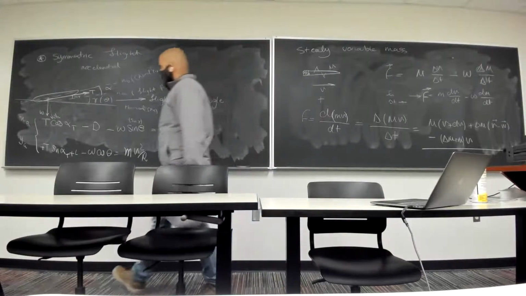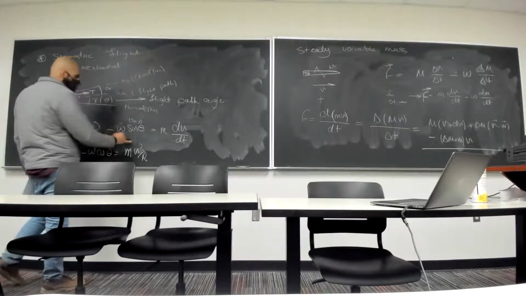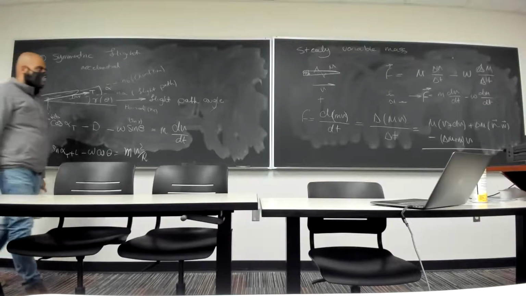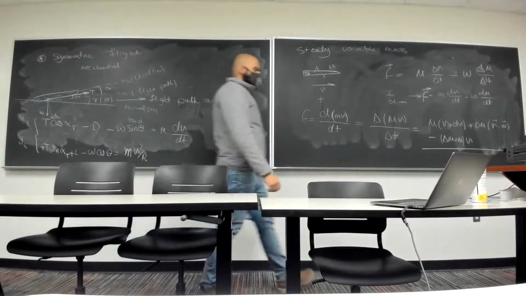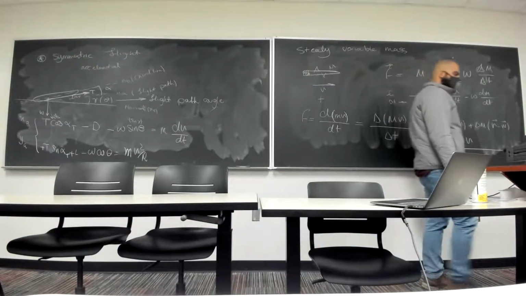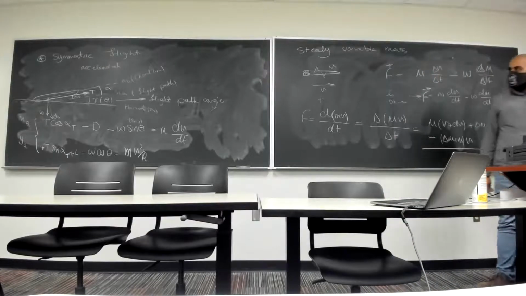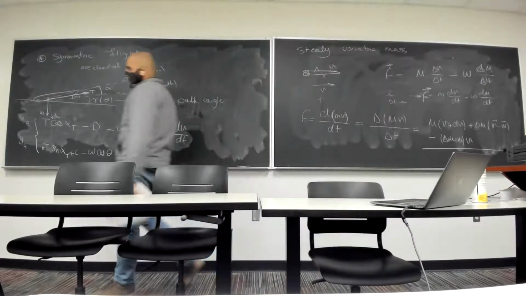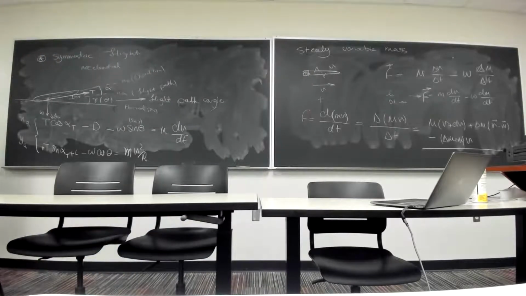Essentially your T cosine of alpha minus D minus W sine of theta is going to be equal to 0. We can say the same thing about the y direction. But let's make it a little more specific.